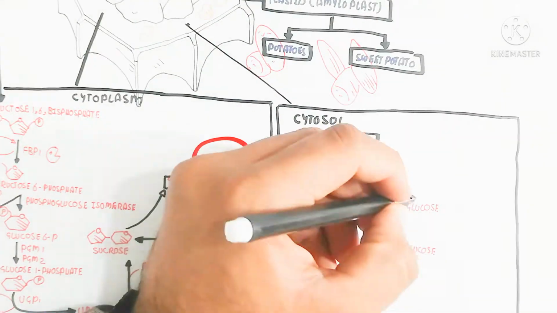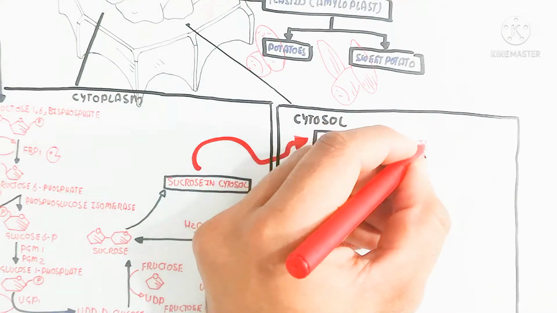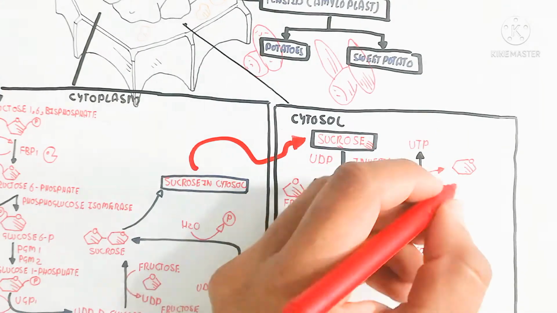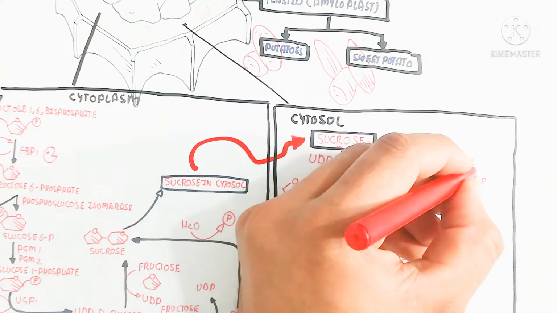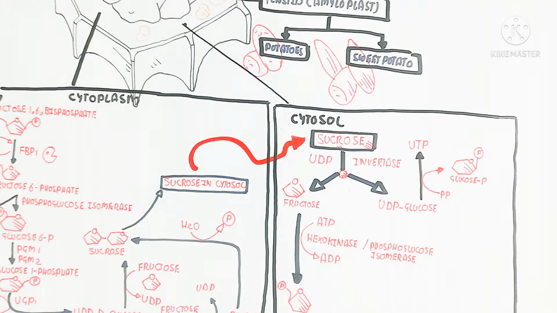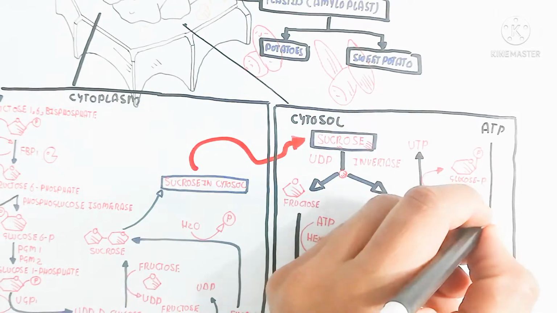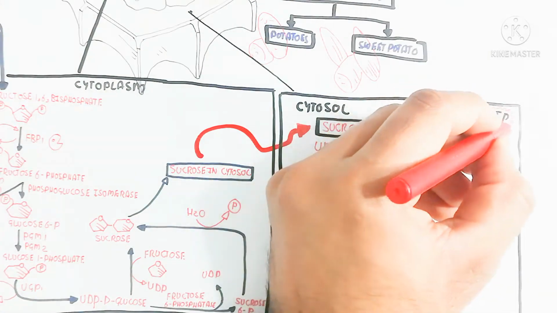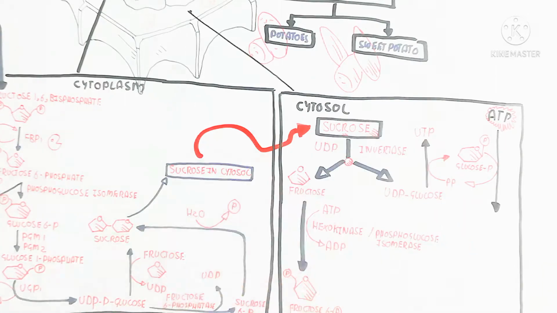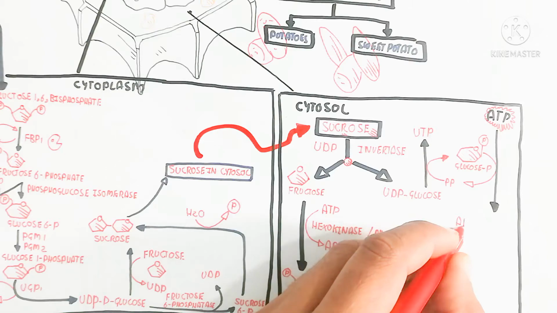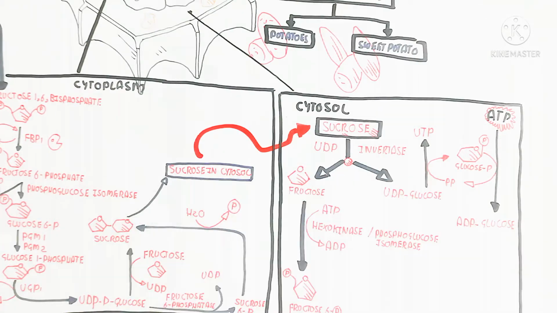But remember, here we are understanding the UDP-glucose. UDP is converted into UTP by pyrophosphate addition, removing glucose 1-phosphate. Then ATP is added to remove pyrophosphate again, forming ADP-glucose, meaning adenosine diphosphate glucose.